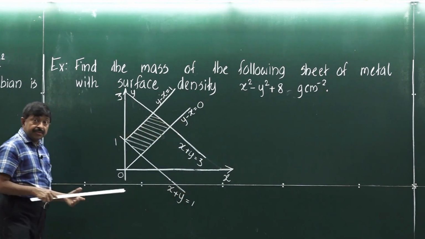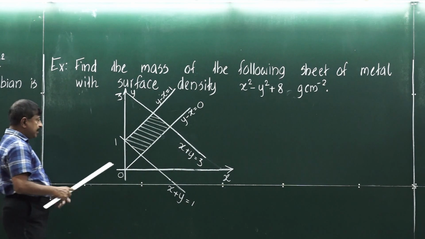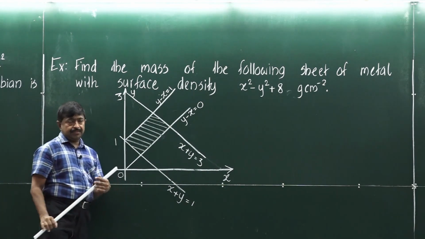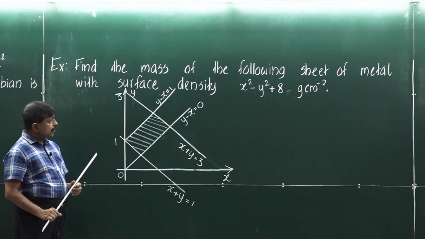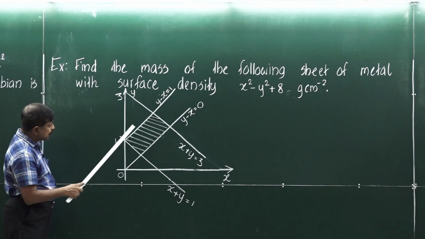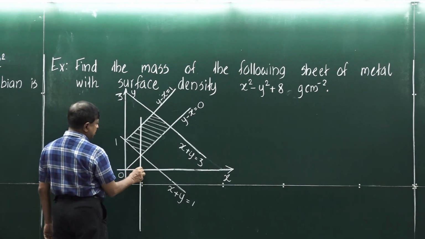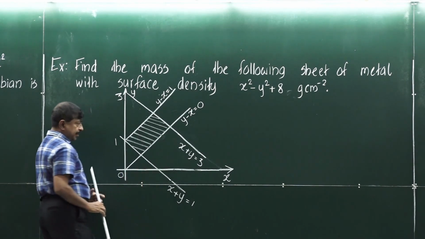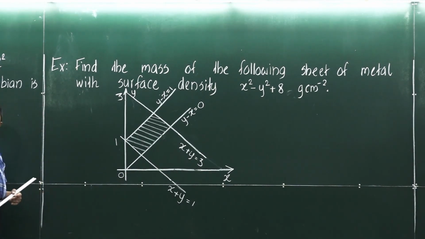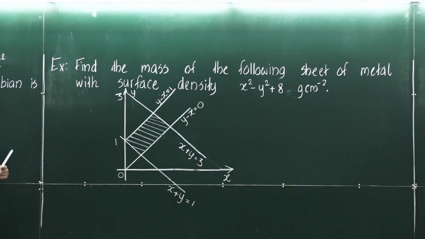That means length is measured in centimeters. With this setup, it is hard to use the rectangular coordinate system. You can do it, but then you have to break this into 3 parts. Therefore, we will go for a coordinate transformation.